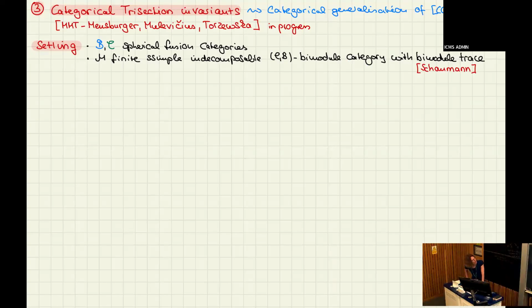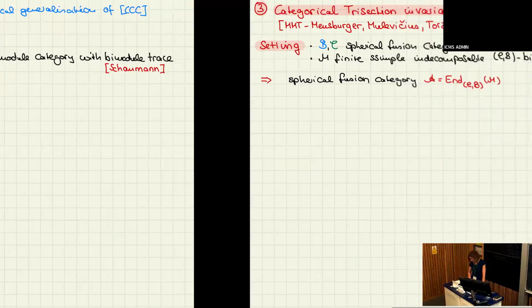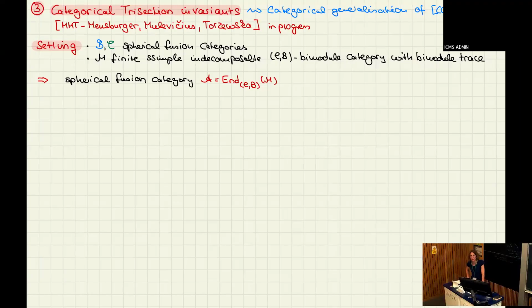So why do we want to take this data? Because it makes these three colors somehow natural. If we have two spherical fusion categories and a bimodule category over them that has the appropriate properties, then we get a new spherical fusion category, namely the spherical fusion category of bimodule endofunctors between them and bimodule natural transformations.